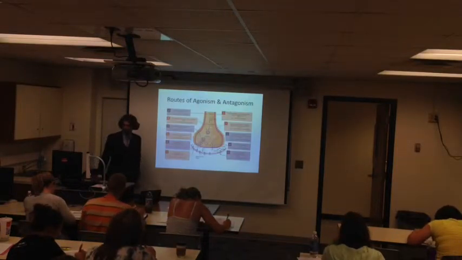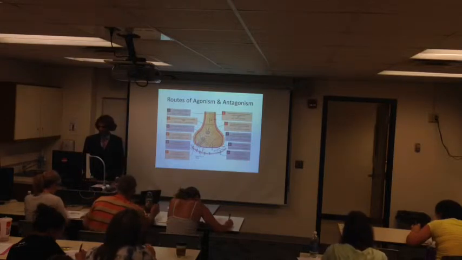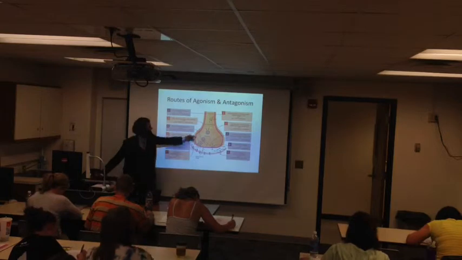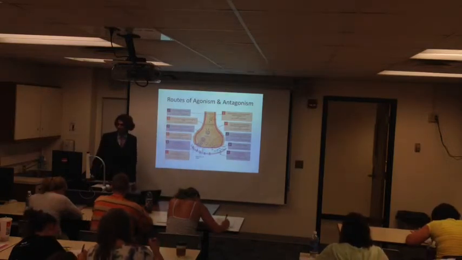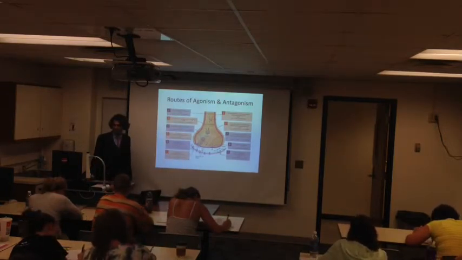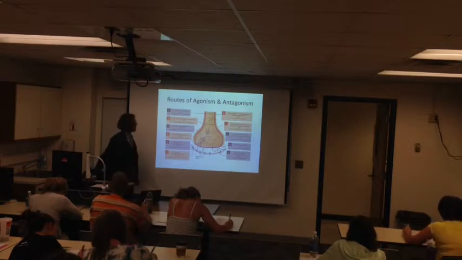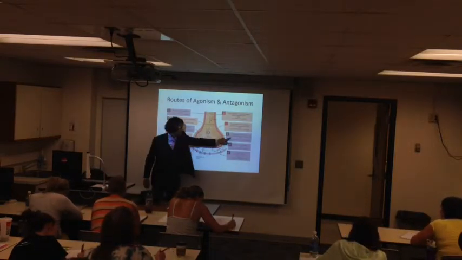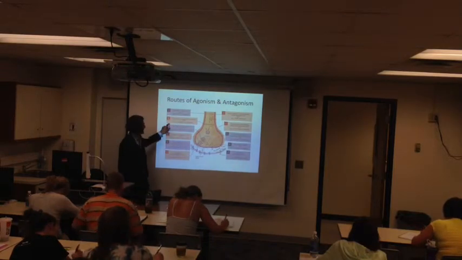The book has a great picture that gives you some examples of many different versions of this. And so you see here all along the pathway, you've got options for antagonism and agonism. I think the blue ones are agonists, the red ones are antagonists, right?